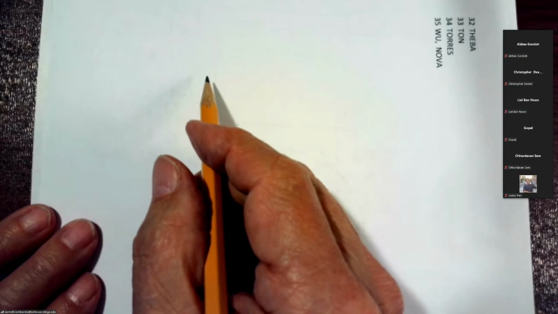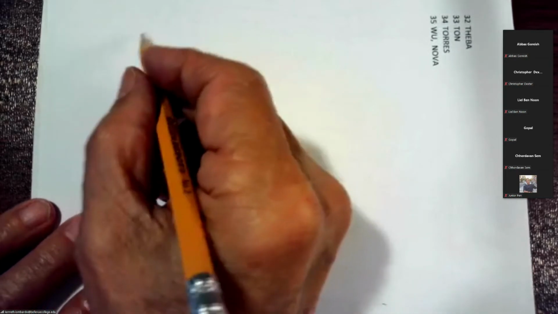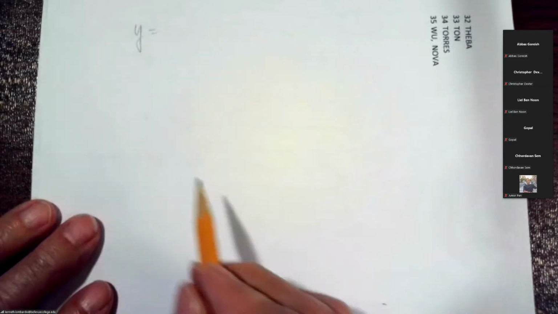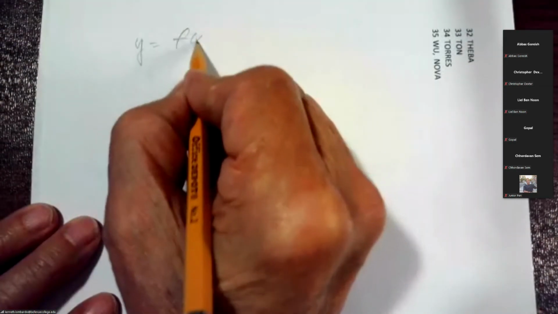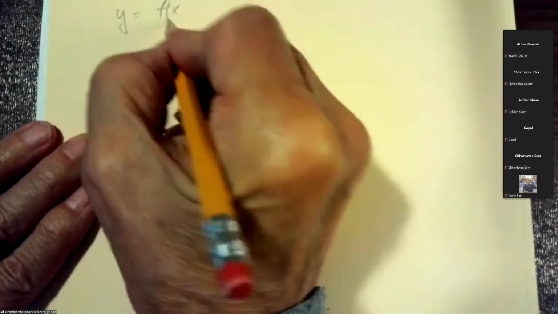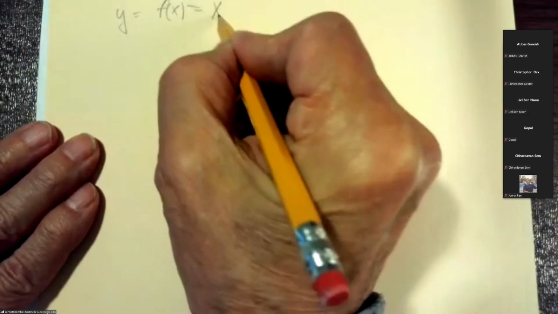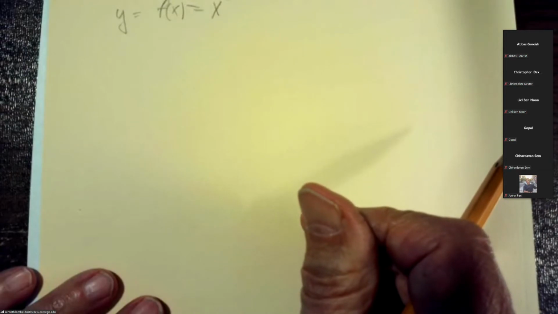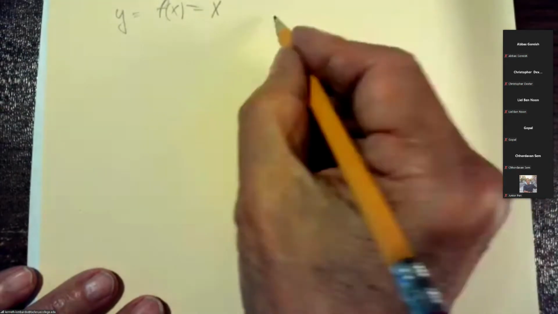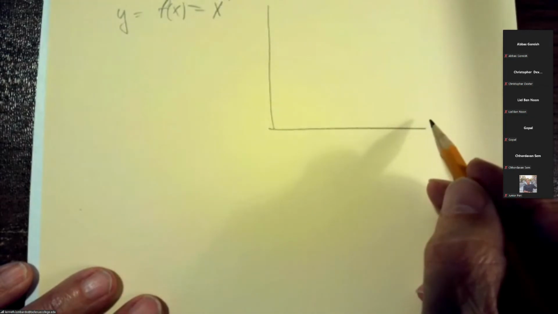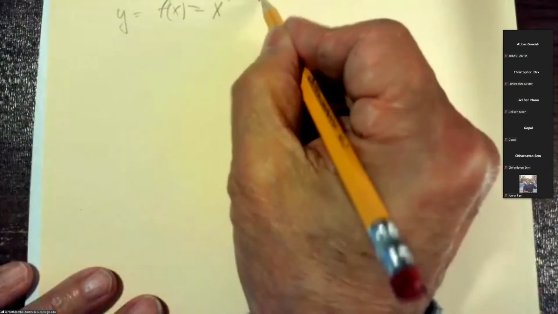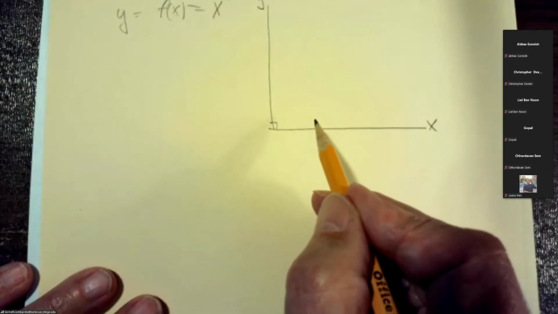If I give you the function y equals some function of x equals x cubed. And if I were to graph that, and I say, well, I'm only going to look at positive values of x, and here's y, and this is a right angle, of course.